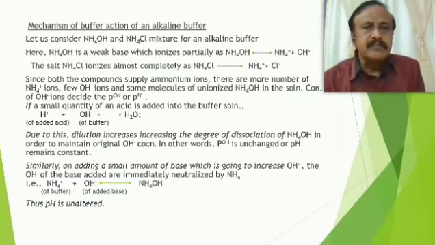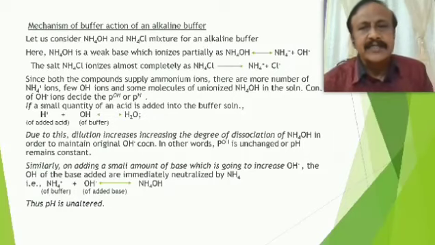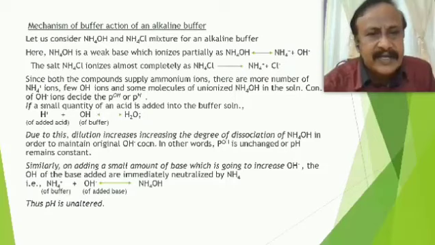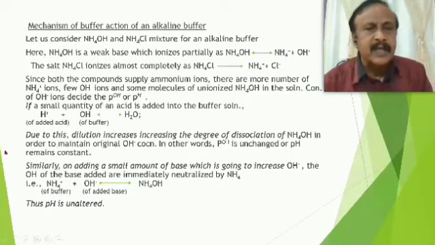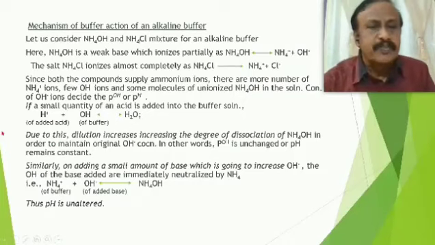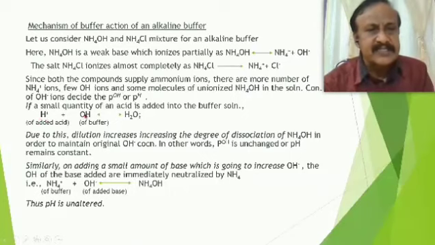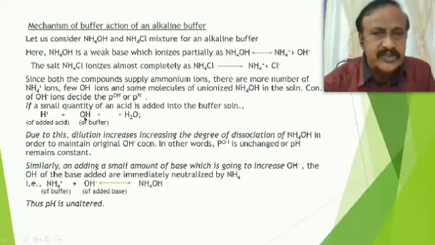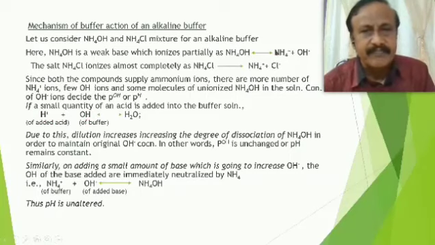Similarly, one question may arise here, dear students. When we add an acid from an external source, the H plus ions are neutralized by OH minus ions. Now the doubt may be, why not Cl minus?